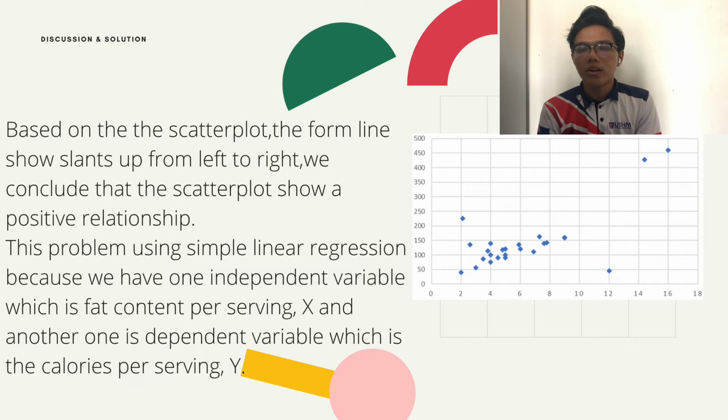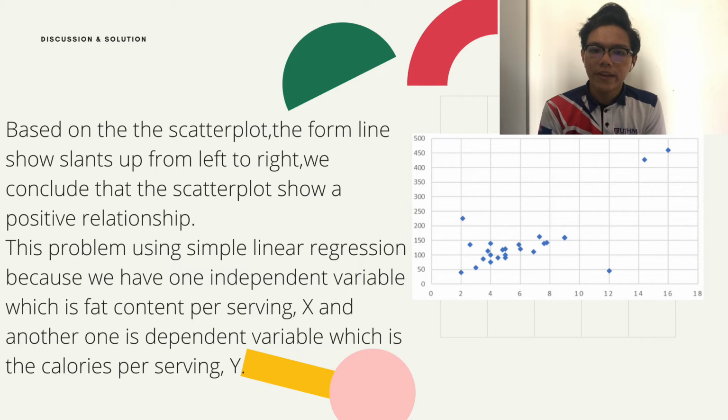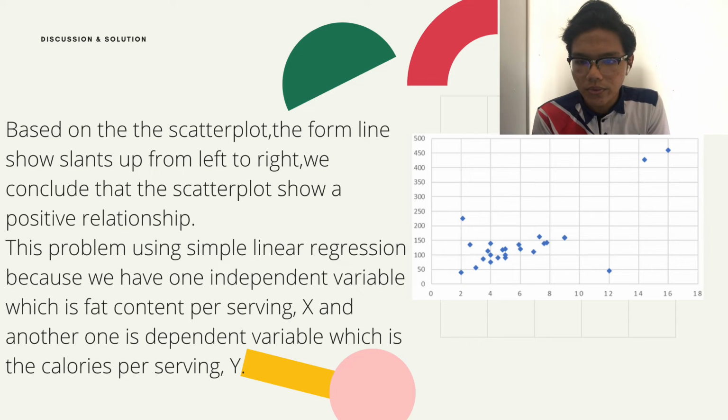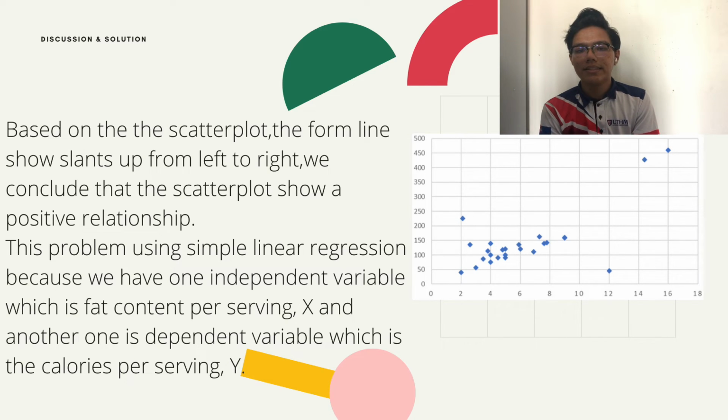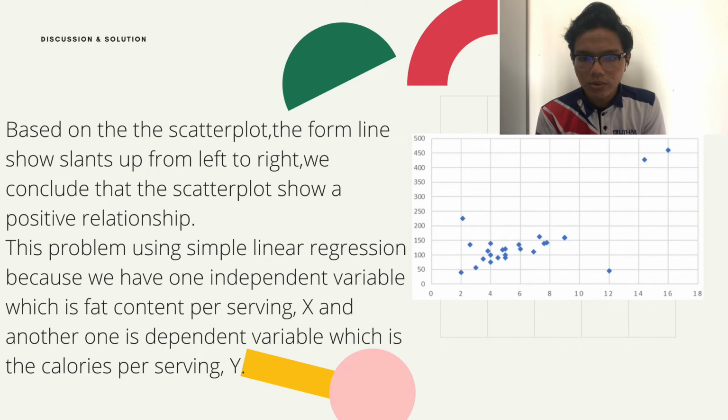Based on the scatter plot of the data between fat content and calories per serving, you can see the graph that has been made. Because the points of the scatter plot form a line that slopes up from left to right, we can conclude that the scatter plot shows a positive relationship.